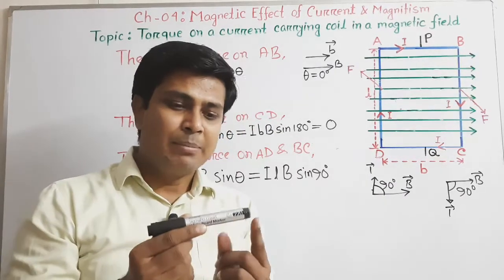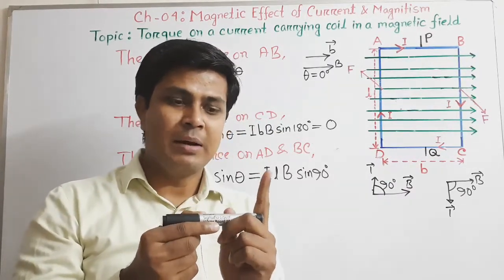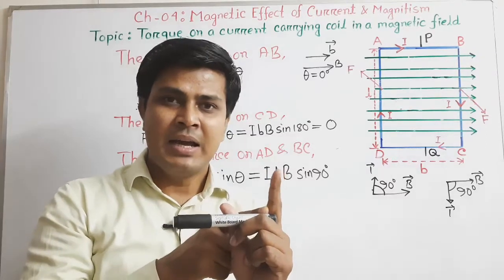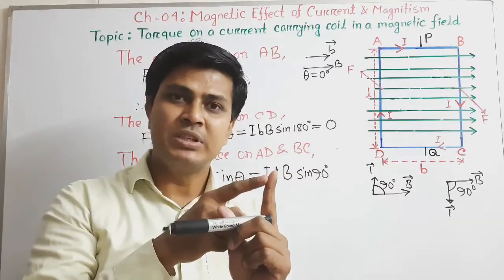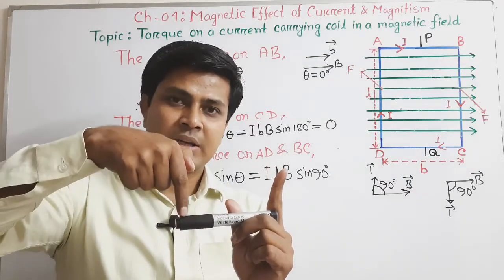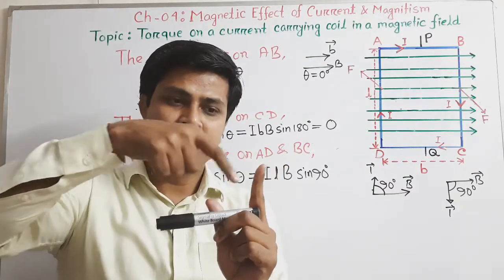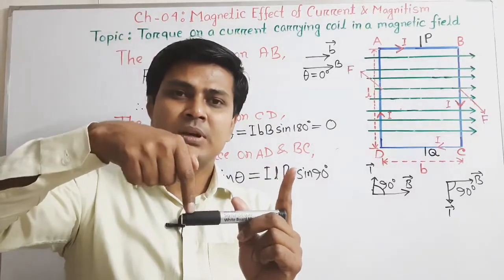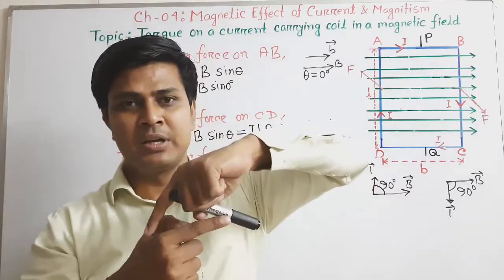Suppose I apply a force here in the upward direction on the marker, and the same amount of opposite force acts on the marker in the downward direction. Due to these two forces, the marker starts rotating.